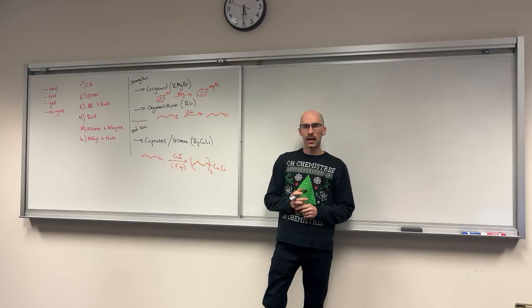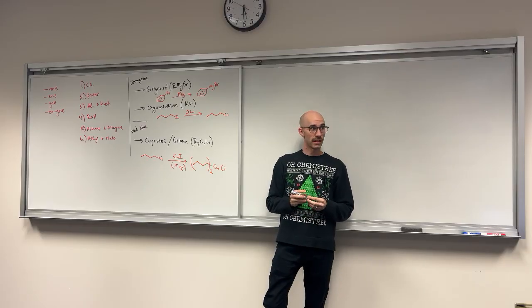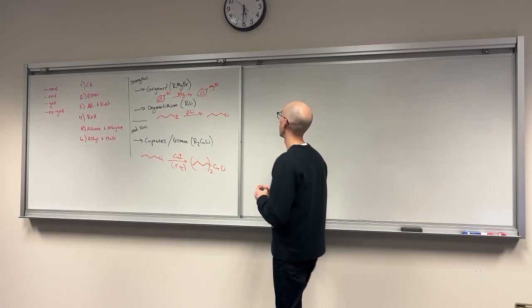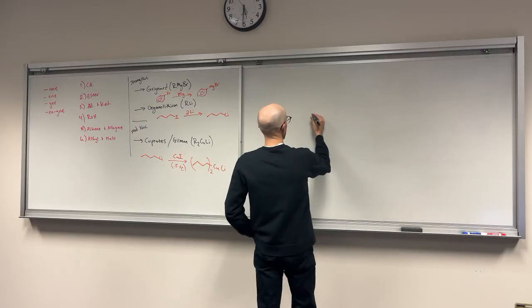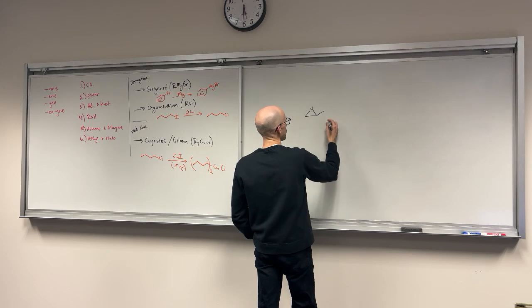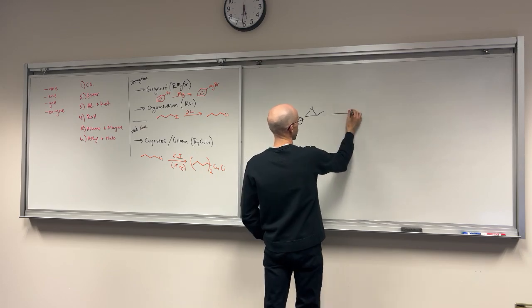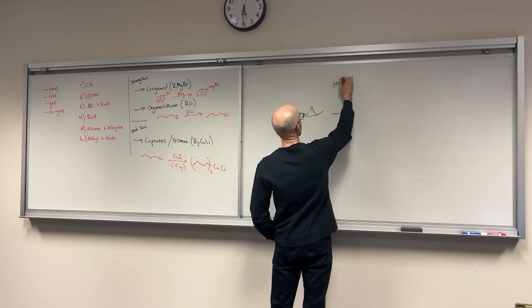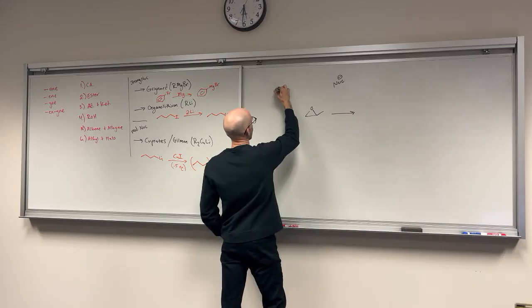All right, let's see how to use these in epoxides because they can be quite effective in epoxides. Epoxides tend to have 2 ways of reacting: nucleophilic conditions and acidic conditions.